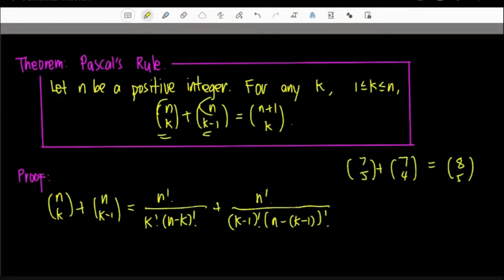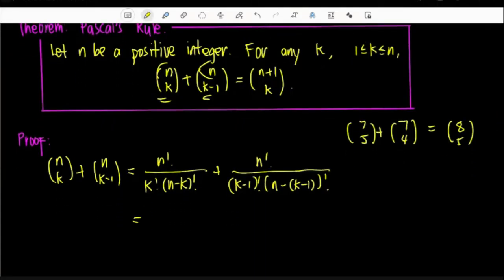We can see that n factorial is a common numerator, so we can take that out. So we have n factorial. Now, if we take a look at the denominator, because this is k factorial and this is k minus 1 factorial, at most we can factor out k minus 1 factorial.